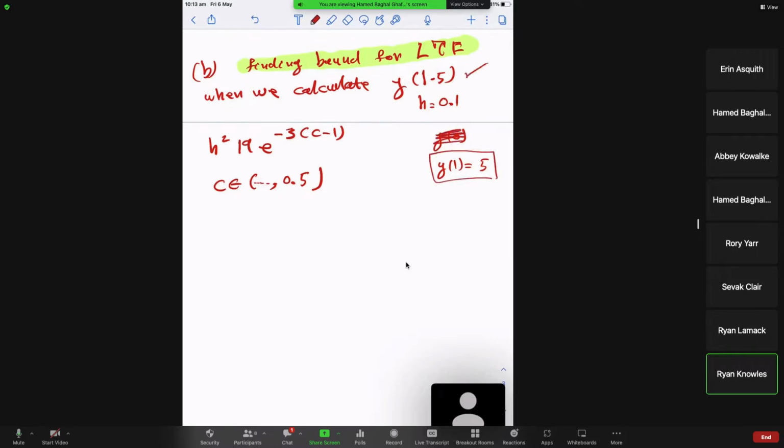We are going to find this one. So you still didn't tell me what this is. So h squared times 19: instead of h, I will write 0.1 to the power 2 times 19 exponential of minus 3 (c minus 1).